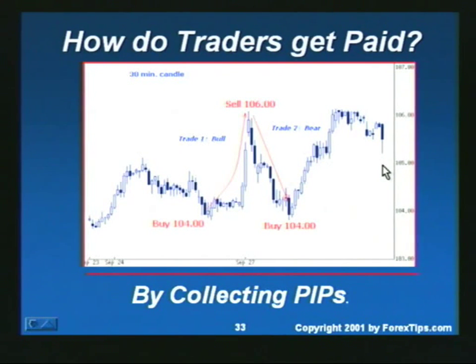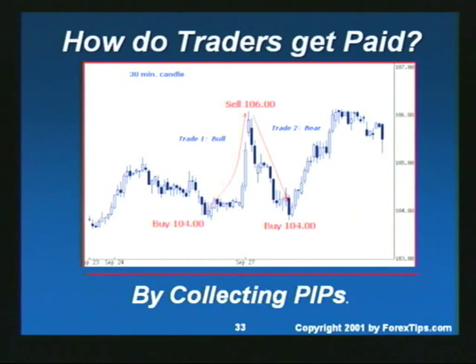Just like in the stock market, this is a 1-point move. In the stock market, this would be a dollar increase. In the currency market, this is called a 1-point increase. In the stock market, in a dollar increase, there are 100 pennies per dollar. In the currency market, this 1-point move has what's called 100 pips. 100 pips equal a point.